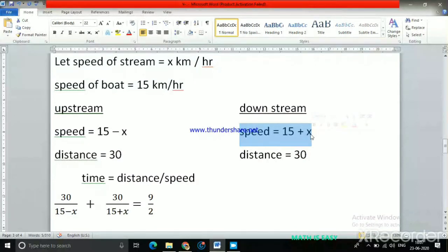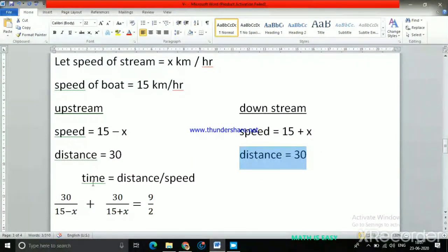That's why when you are walking downstairs, you go faster than when you are climbing the staircase, because downstream speed will always be added. The distance is 30 km upstream, and the same distance, 30 km, downstream, then only it can reach the same point.